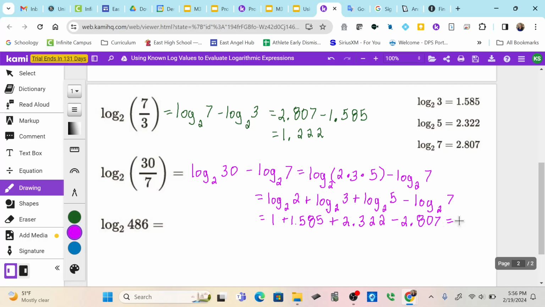So when we do that arithmetic, we will have 1 plus 1.585 plus 2.322, subtract 2.807 for a value of 2.1.